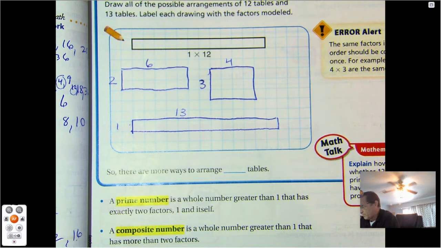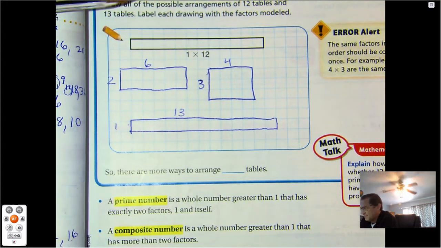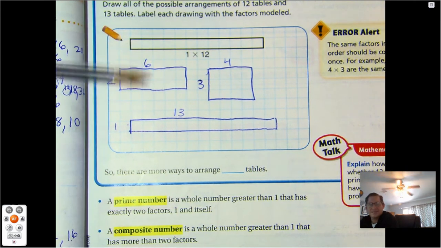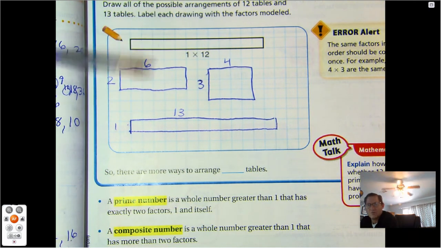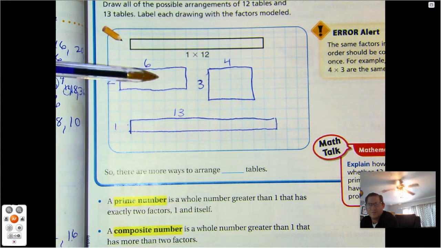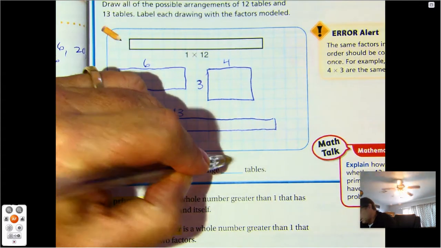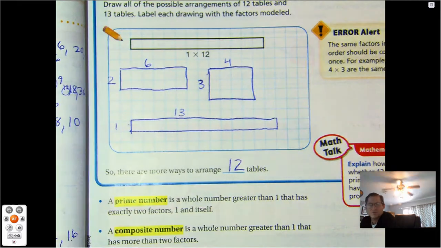So if we wanted to find out which one we would have more options with, it would have to be the 12 tables, because I have 3 different ways I can arrange them. So I guess I would go with 12 tables.